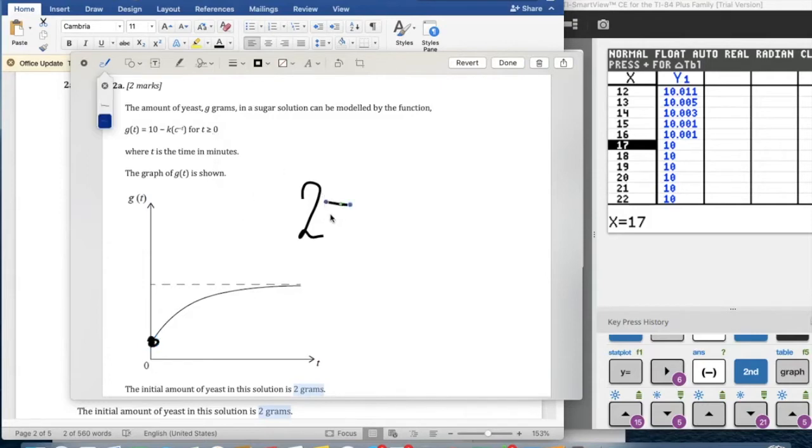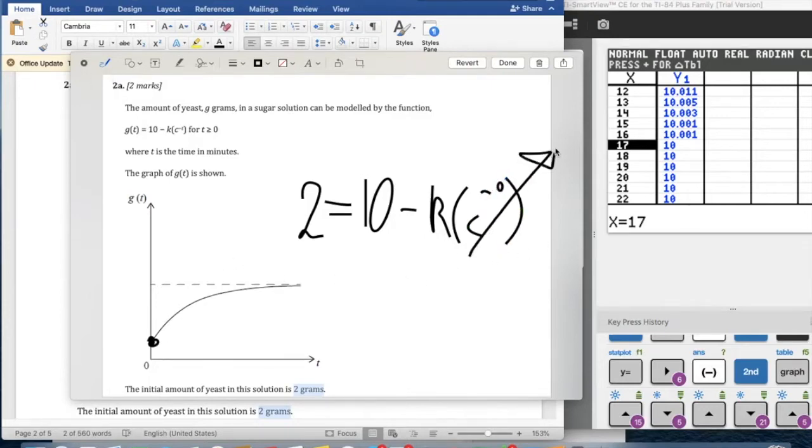So 2 equals 10 minus k, another unknown variable, times c to the power of minus 0. And we know that anything to the power of 0 just becomes 1. So this here is just going to be 1, so we can cancel it off.